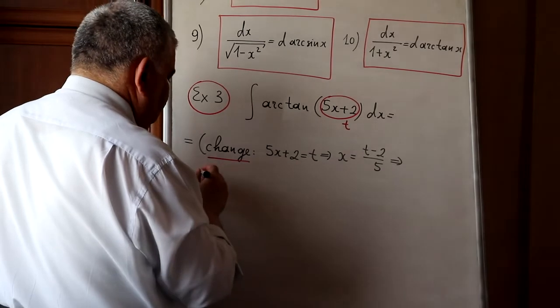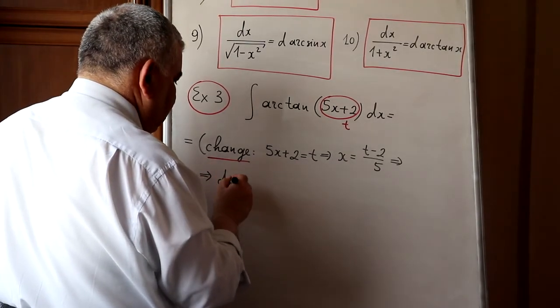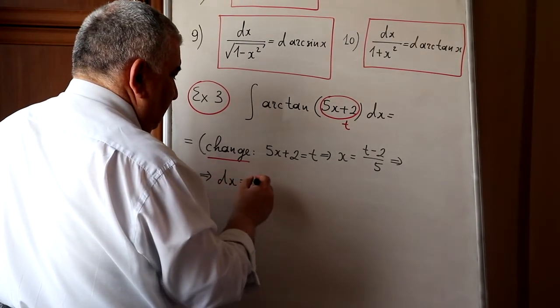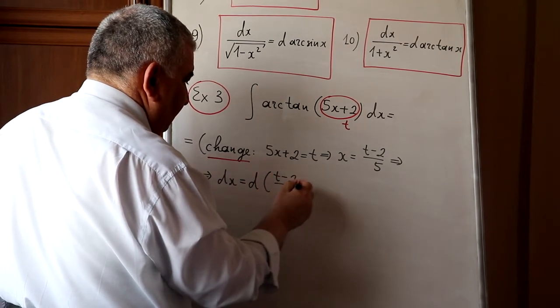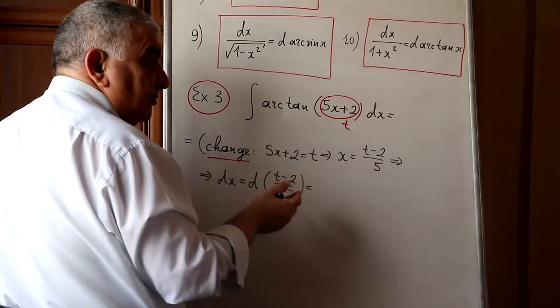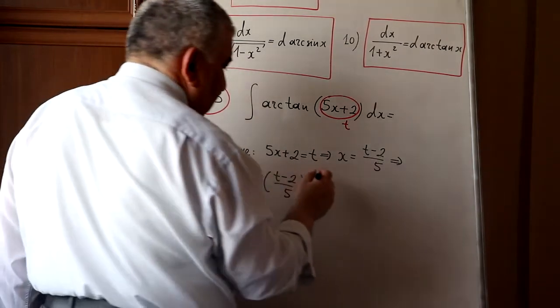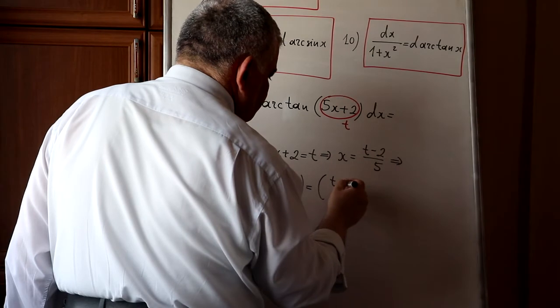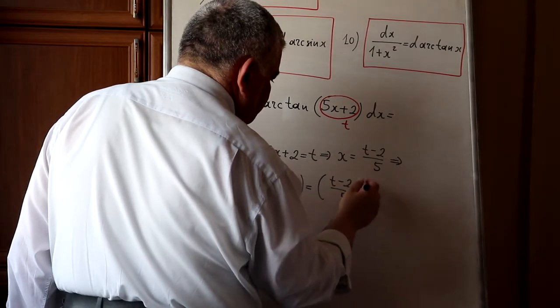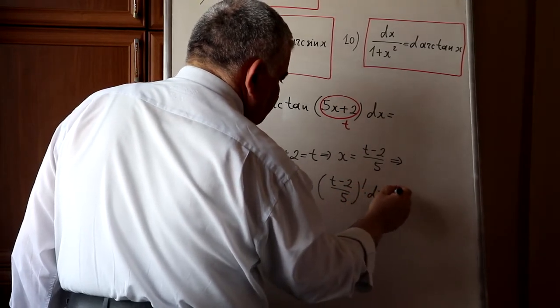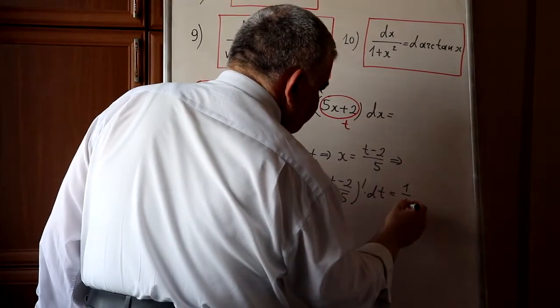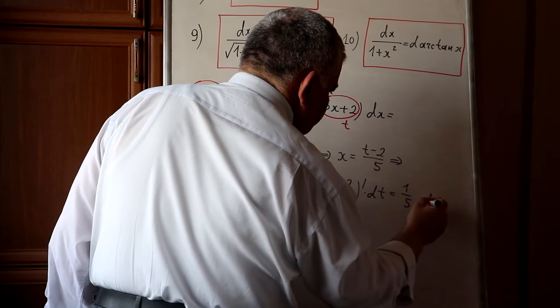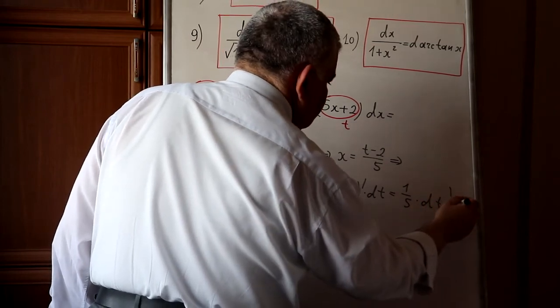Then dx is d of t minus 2 over 5. According to the definition of differential, it is the derivative of t minus 2 over 5 by dt, and the derivative of this expression is 1/5, so dx is 1/5 dt.